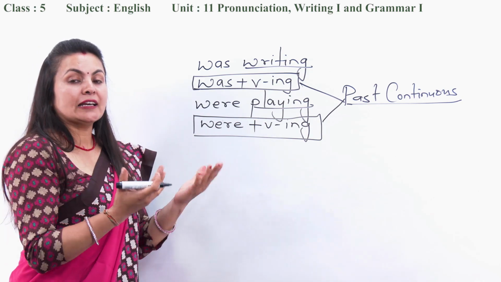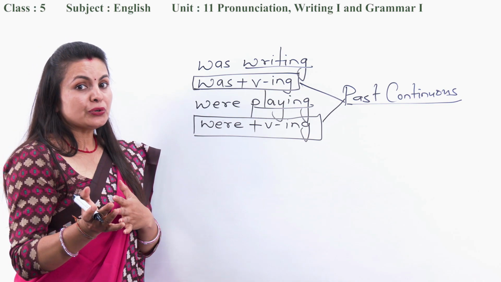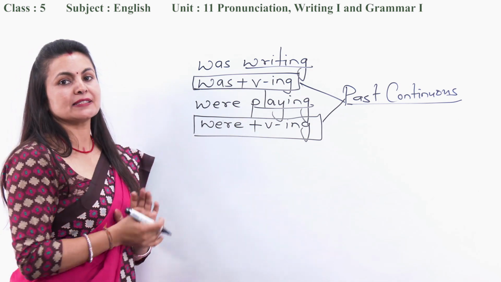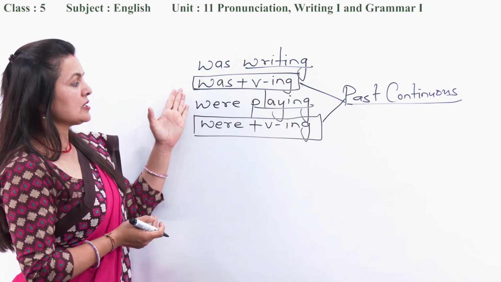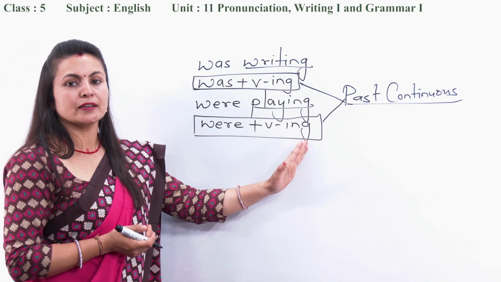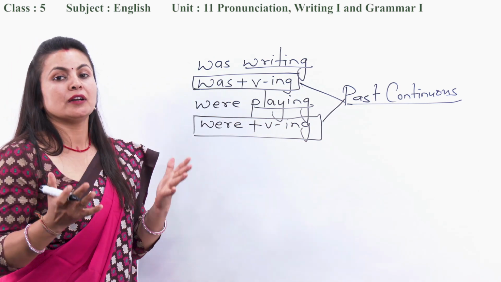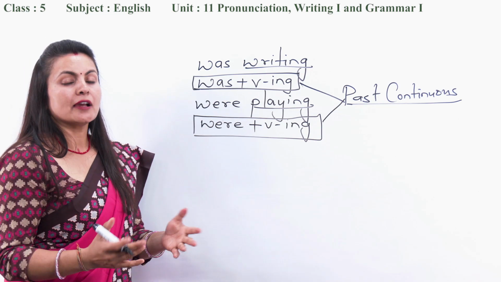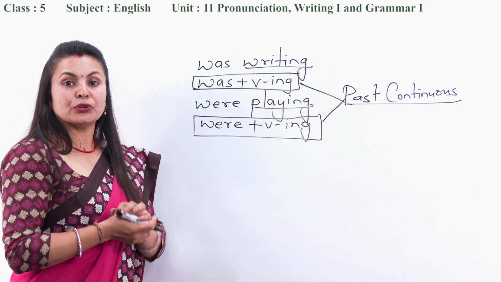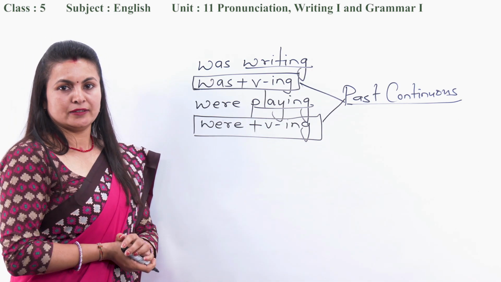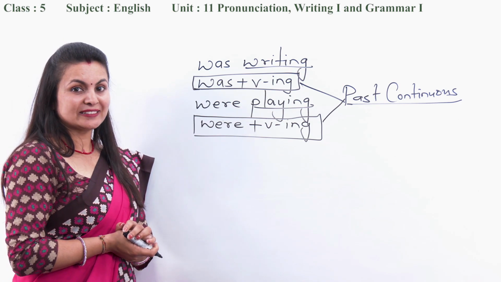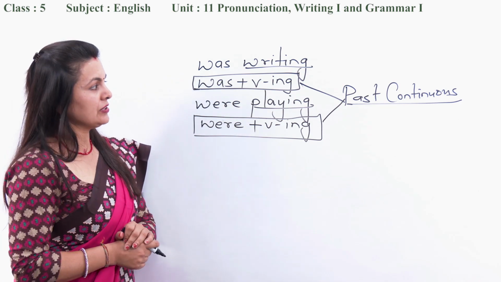So, whenever we are explaining something or narrating something which is happening in the past, that means yesterday, what were you doing? That you can use past continuous, like was or were plus verb ing. That kind of structures you can use whenever you are telling or narrating or explaining what you were doing yesterday. So now do you get it? Okay, that's good.